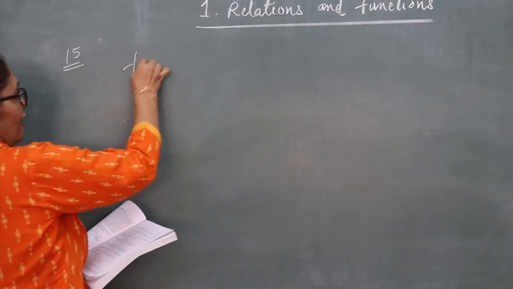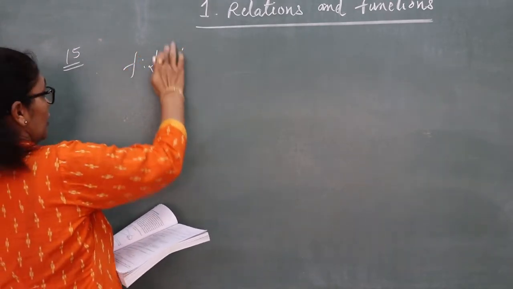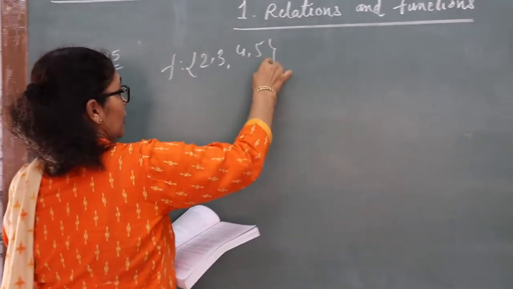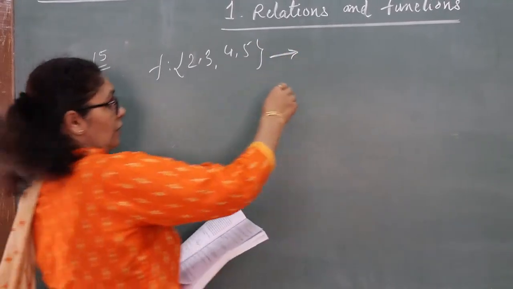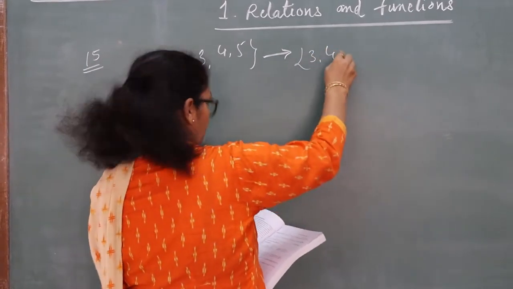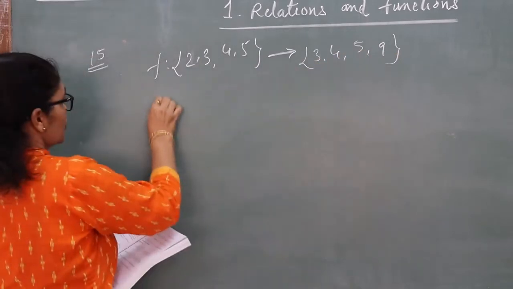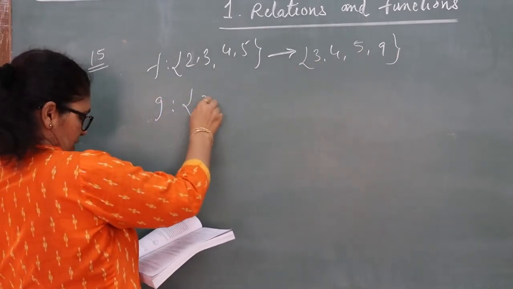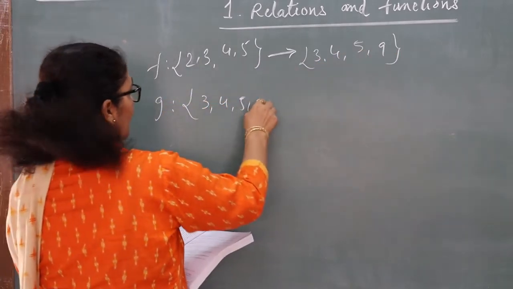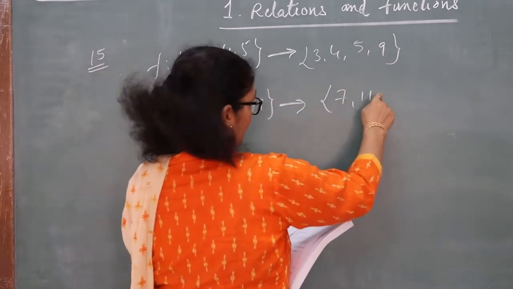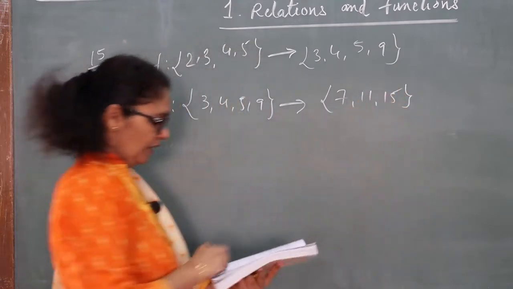A function f is given: 2, 3, 4 and 5, mapping to 3, 4, 5 and 9. Another function g is given, from 3, 4, 5 and 9 to 2, 7, 11 and 15.